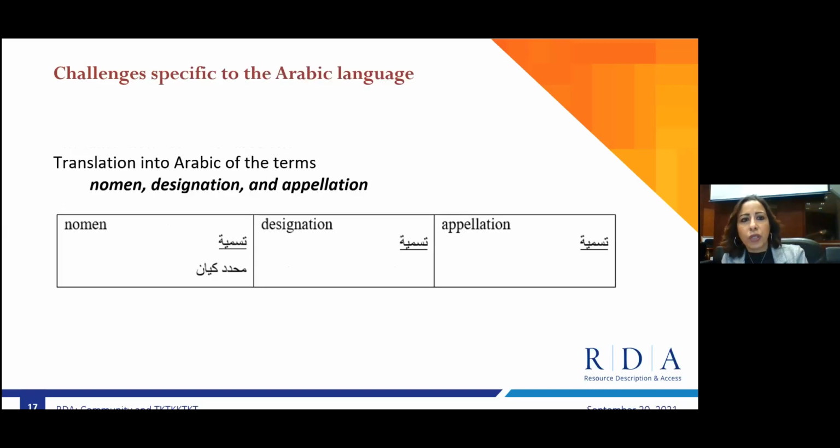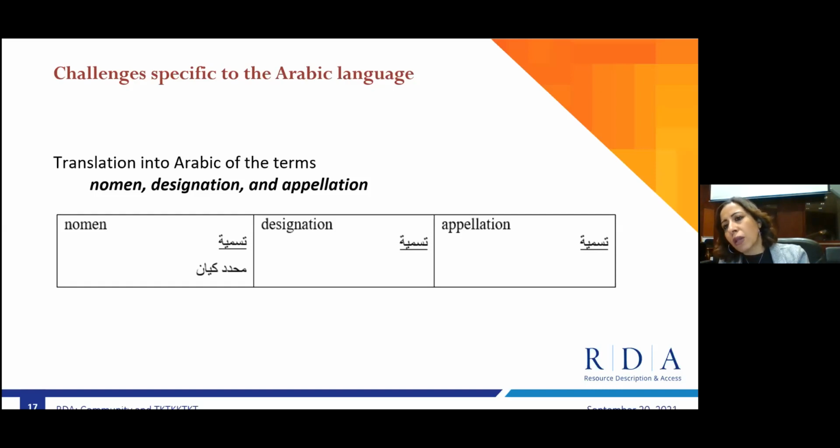This is one of the challenges specific to the Arabic language: translation into Arabic of the terms. For example, nomen, designation, and appellation. We have the same Arabic word for these three English terms. And when we had another word in Arabic, another synonym, it's not very familiar in the Arab region.